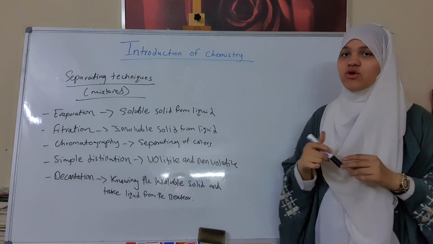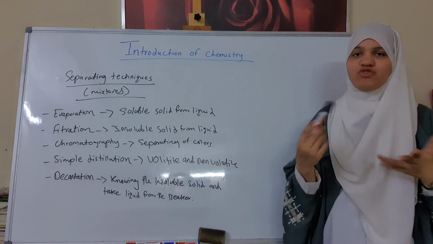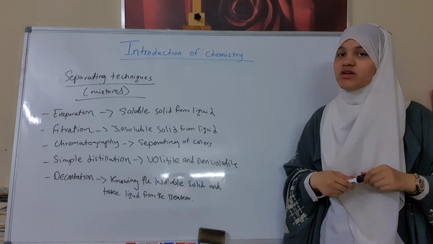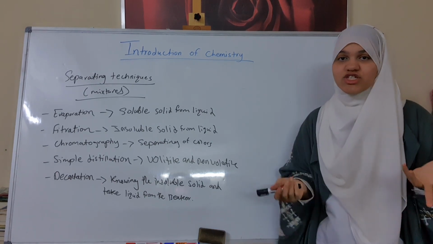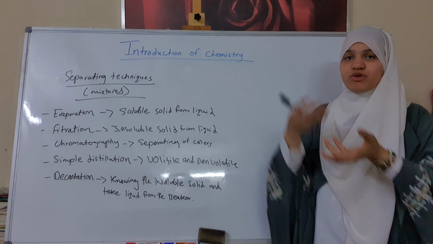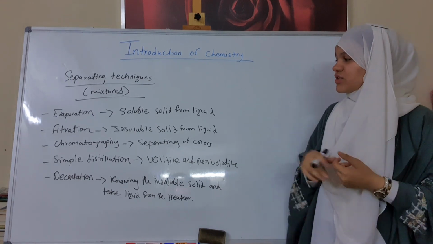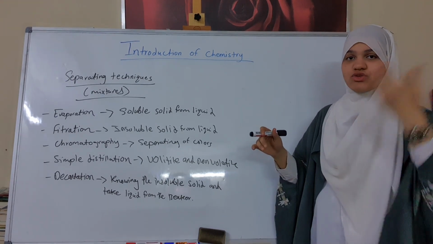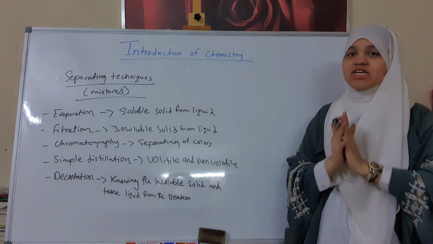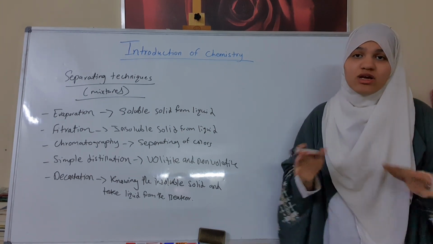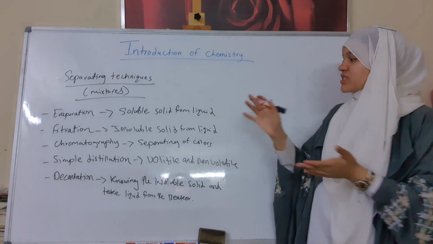Then filtration, which is insoluble solid from liquid. I think you know the meaning of filtration, the process of filtration, by using filter papers and by using the funnel. What you are going to collect or to get is liquid, just liquid, or we can say a pure liquid without any particles of this solid.